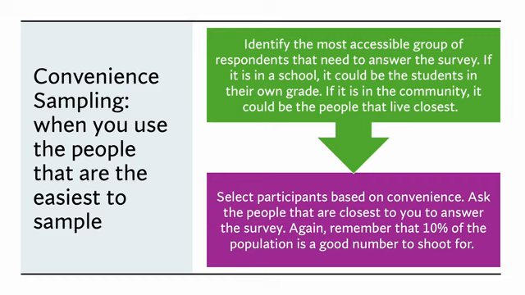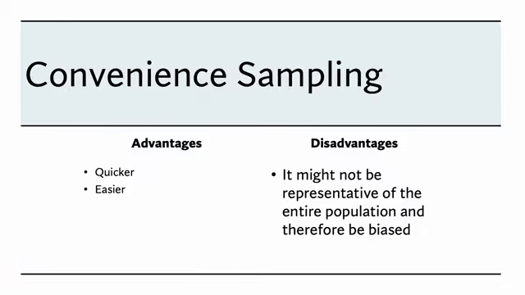If you would like to just get the kids that are in classes with you or have lockers by you, that is convenience sampling. Of course, this one is quick, it's super easy, but it might not be a clear representation of the population and could be biased.